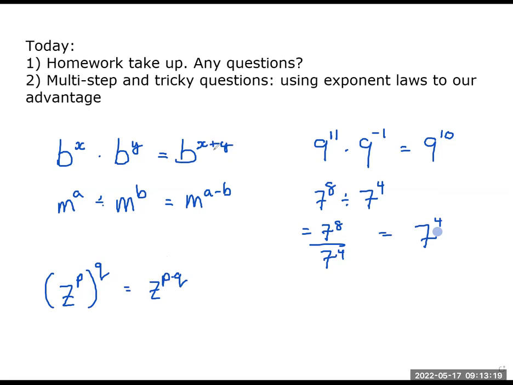So here I am adding the exponents, here I am multiplying the exponents. So if I had 11 to the power of 2 to the power of 4, I am not adding this. It is 11 to the power of 2 times 4. It is 8, not 6.